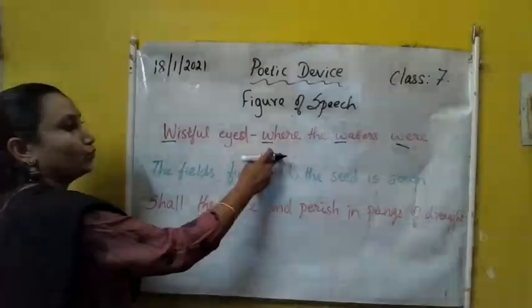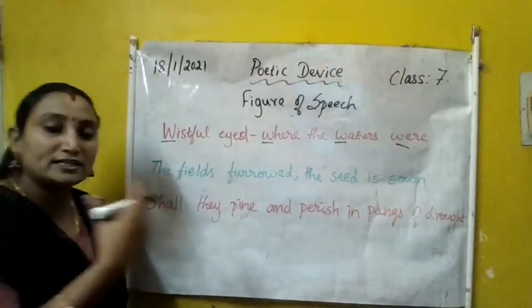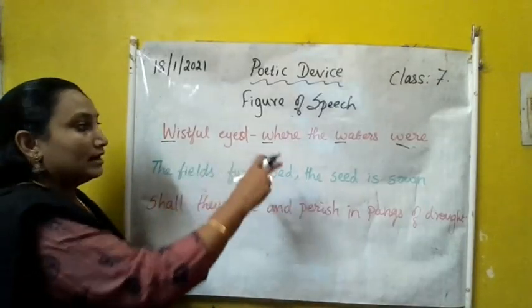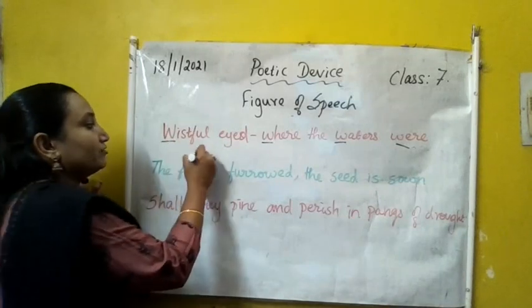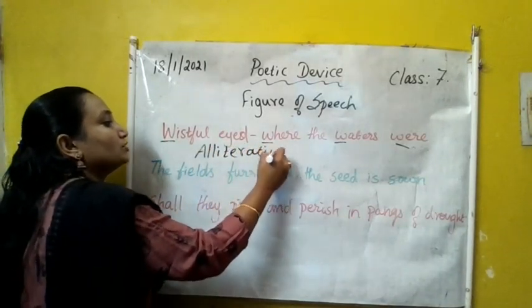Wistful, where, waters, were. The letter W has been repeated in the line. So this is the alliteration used in this particular line.